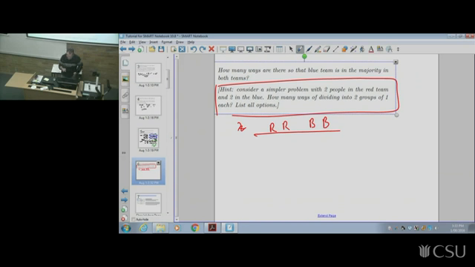So one option is we could have 2 reds and 2 blues, just like I've written it down. That's one way. So you can have red, blue, let's give numbers to them all. So red 1, blue 1, red 2, blue 2. What other options are there?